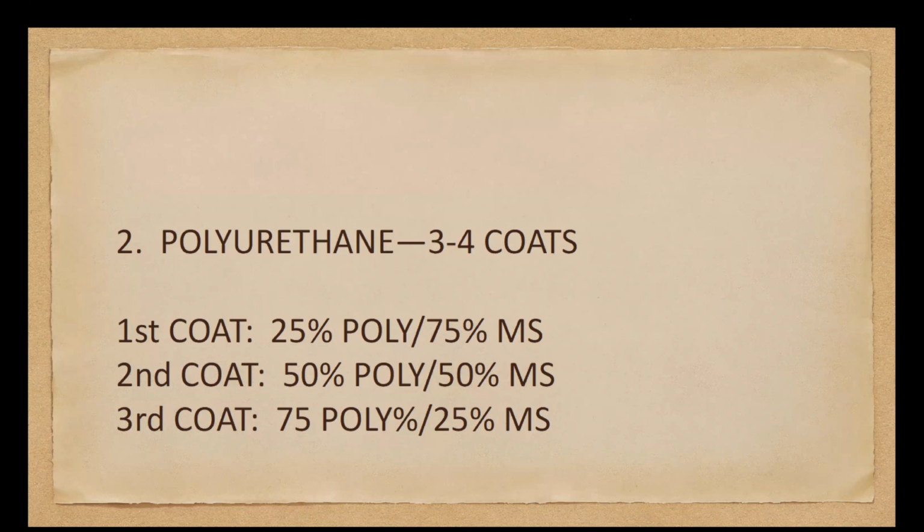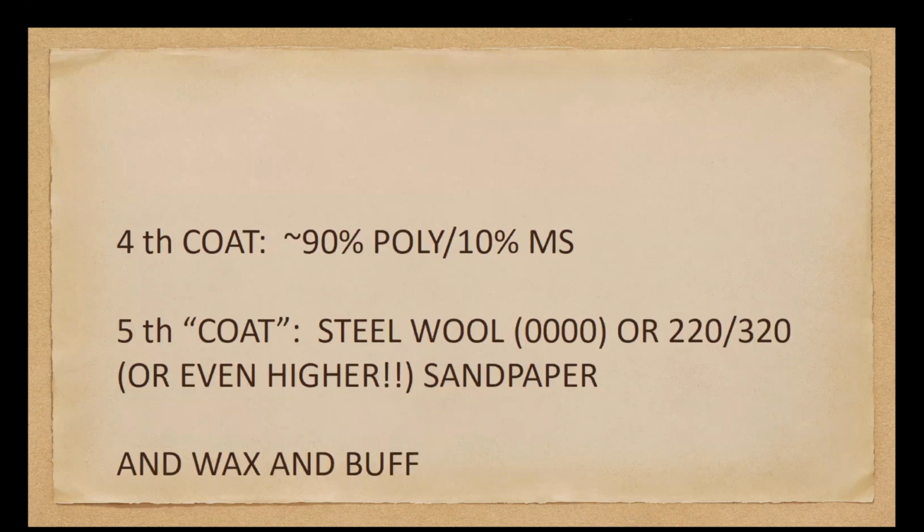And I use 25% polyurethane, 75% mineral spirits, wait a day. Second coat is 50% poly and 50% mineral spirits. Third coat is 75% poly and 25% mineral spirits. And then if I find that I need to do so, my fourth coat is about 90% polyurethane with about 10% mineral spirits.